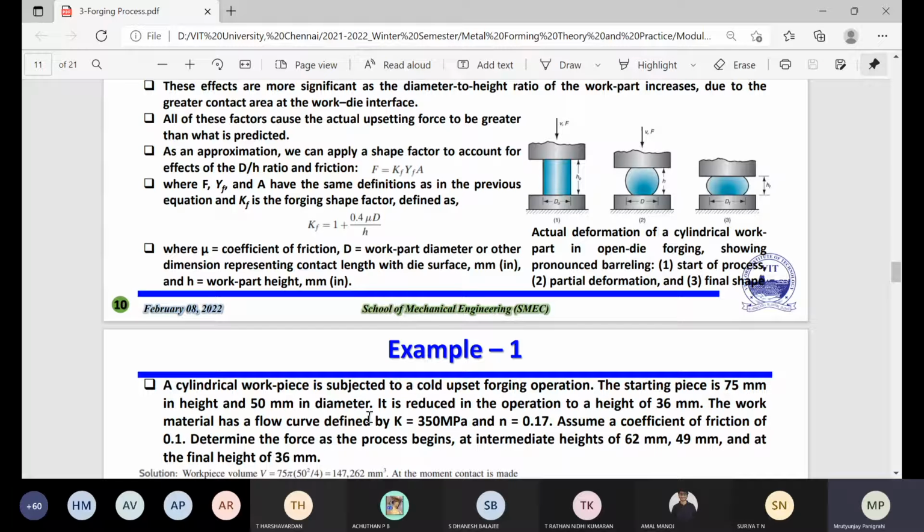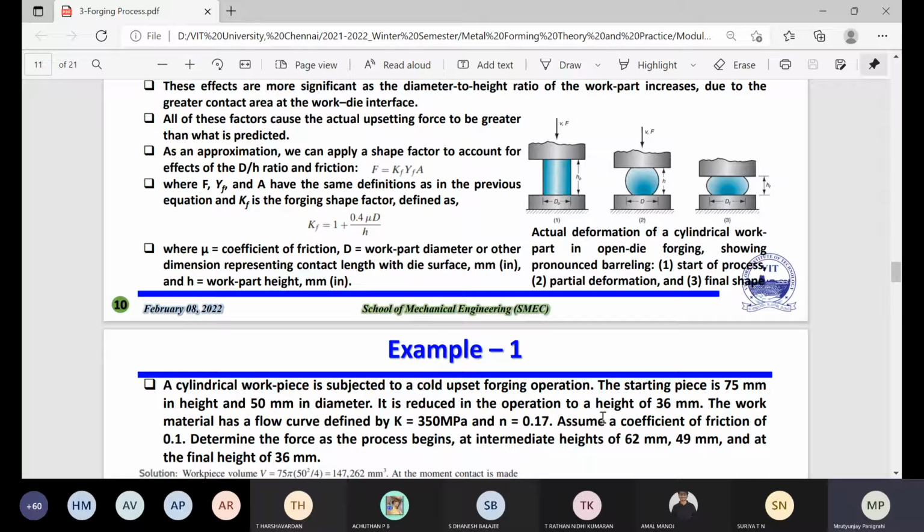When you solve this problem in the exam, you have to write everything, like height h equal to 75 mm and diameter d equal to 50 mm. But now in class, you just write h equal to 75 and d equal to 50.